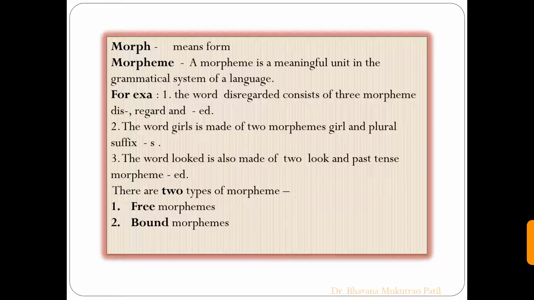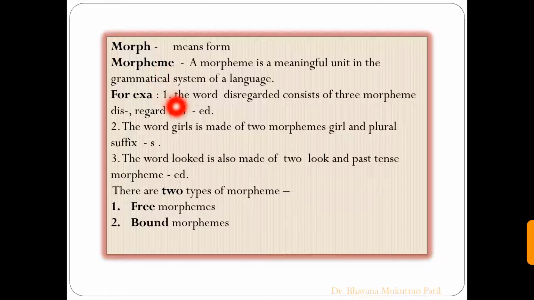But according to phonemes, bit consists of three phonemes: B plus E plus T. That is how the word bit is formed. So there are three phonemes, but only one morpheme, bit, which is a meaningful grammatical word.